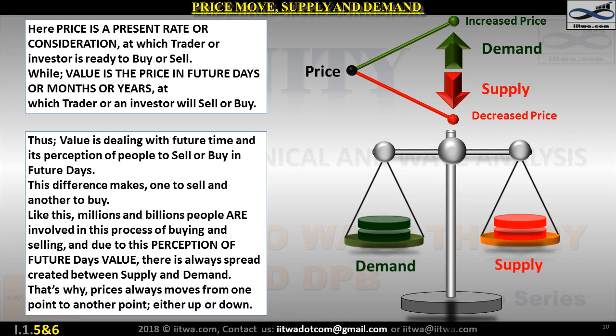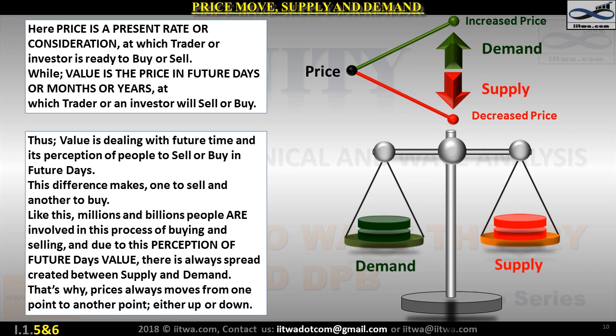This difference makes one sell and another buy. Like this, millions and billions of people are involved in this process of buying and selling, and due to this perception of future value, there is always a spread created between supply and demand. That's why prices always move from one point to another point, either up or down.